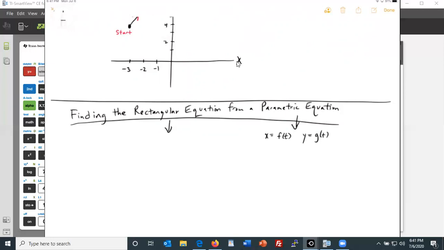Whereas rectangular equations are your regular x and y equations, where you have y equals f of x. What's the difference? The rectangular form has 1 equation. The parametric form that we're going to be looking at has 2 equations.